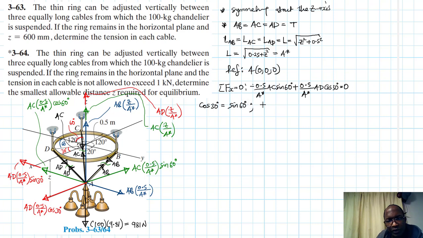Therefore, AC is just going to be equal to AD like we said. So let's go to the other equation, which is summation of forces in the Y. What do we have in the Y? In the Y we have the following.